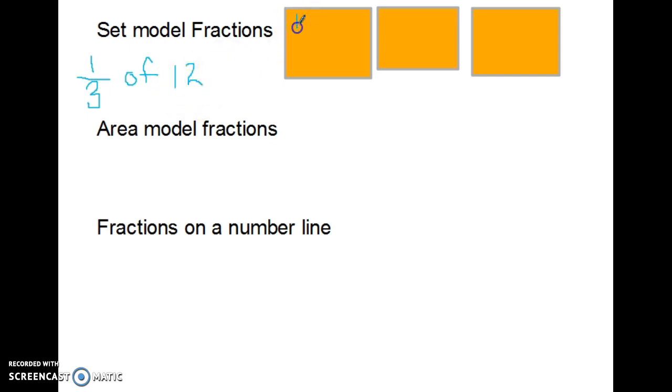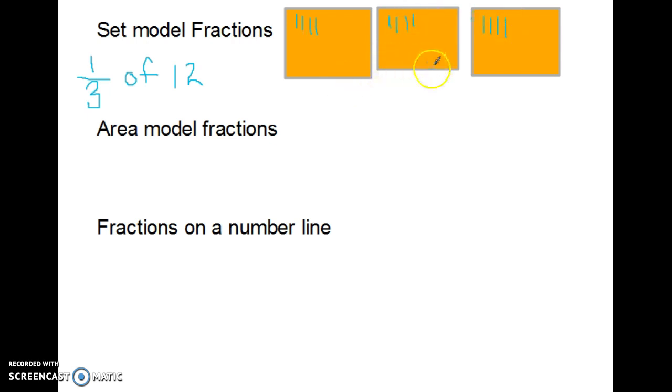So we'll do 1, 2, 3, 4, 5, 6, 7, 8, 9, 10, 11, 12.